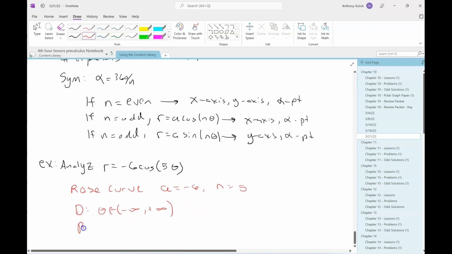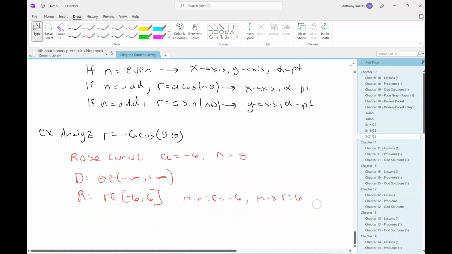The range is going to go from -6 to +6, with a minimum at -6 and a maximum at +6. We have 5 petals.